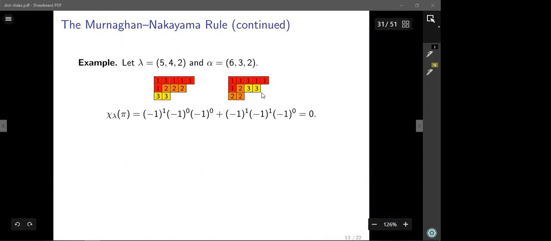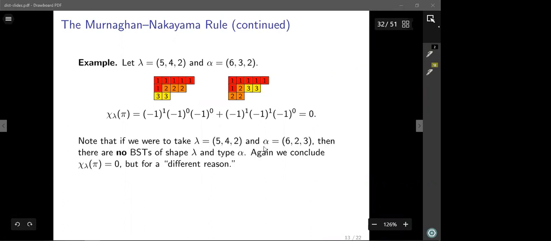I just recopied what I had on the previous slide so that we have it in front of us. But now, let's suppose that I had taken 6, 2, 3 instead. Why not? I'm listing the cycle lengths, and there's no one telling me I have to list 6, 3, 2. Why not 6, 2, 3? Now we'll find that there's no way to do this.